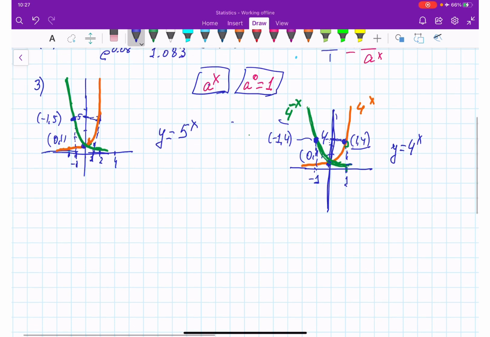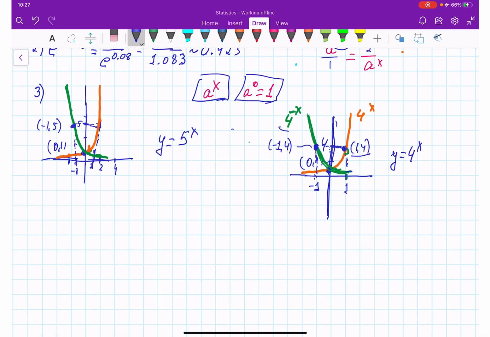So this green one is going to be 5 to the power negative x, while this brown one, let me make this a little more symmetric, which is supposed to go like this. This one is going to be 5 to the power positive x.